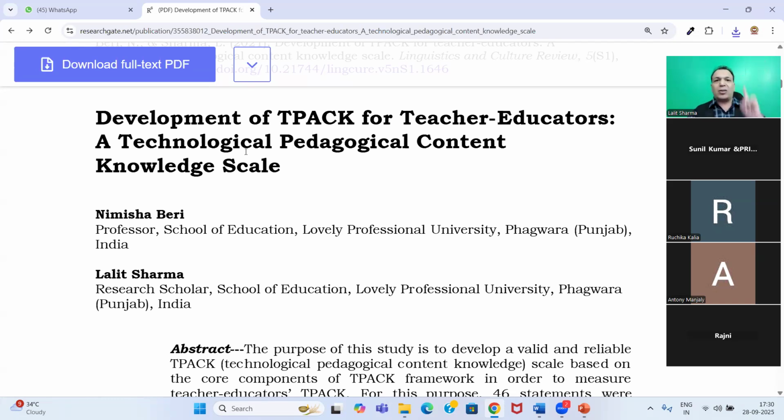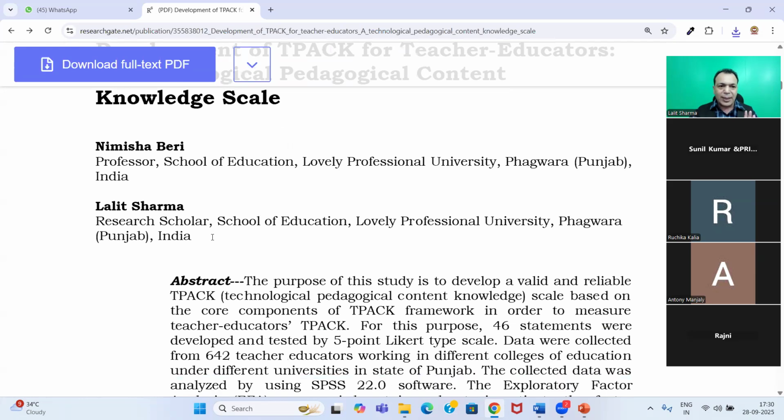See, in 2021 I wrote this: I didn't make a tool only on the pedagogical concept, I even made a tool on a technological pedagogical content knowledge scale, right?